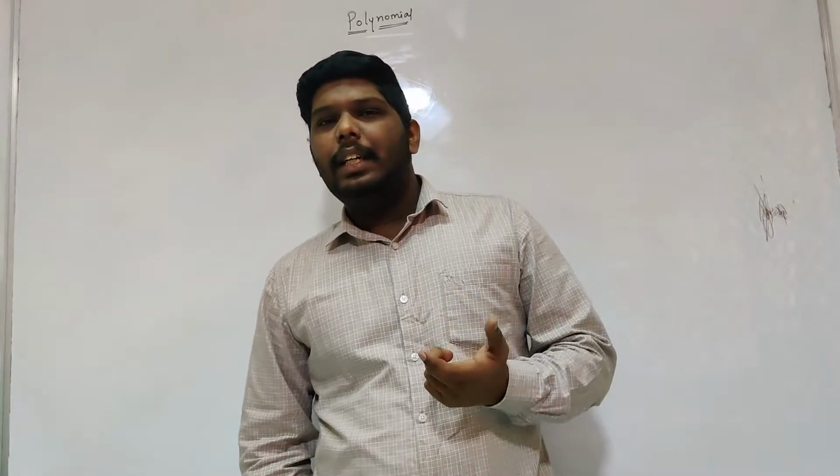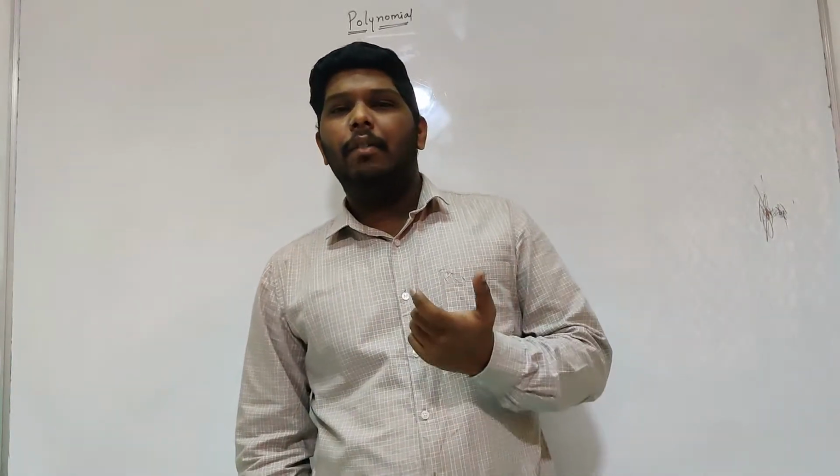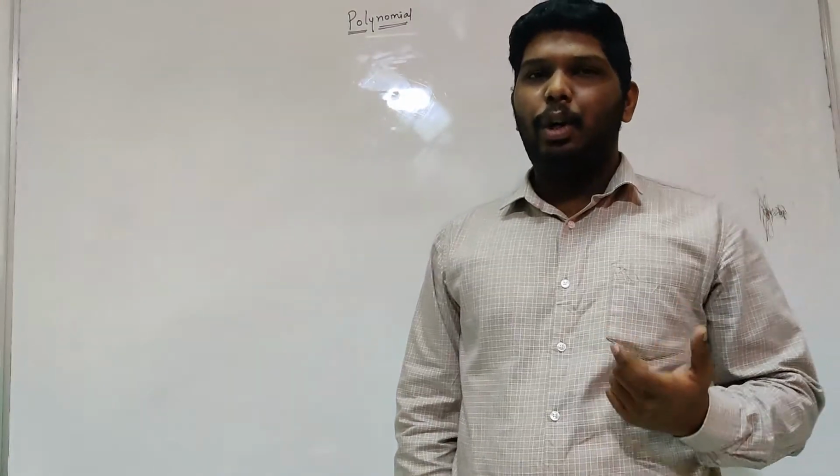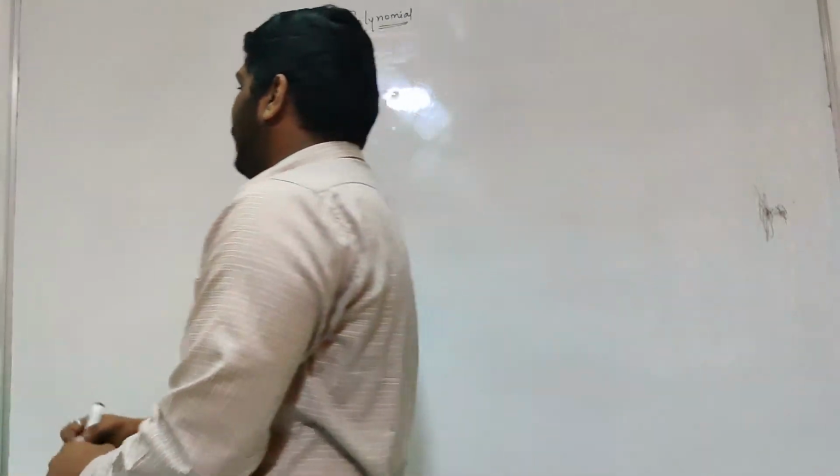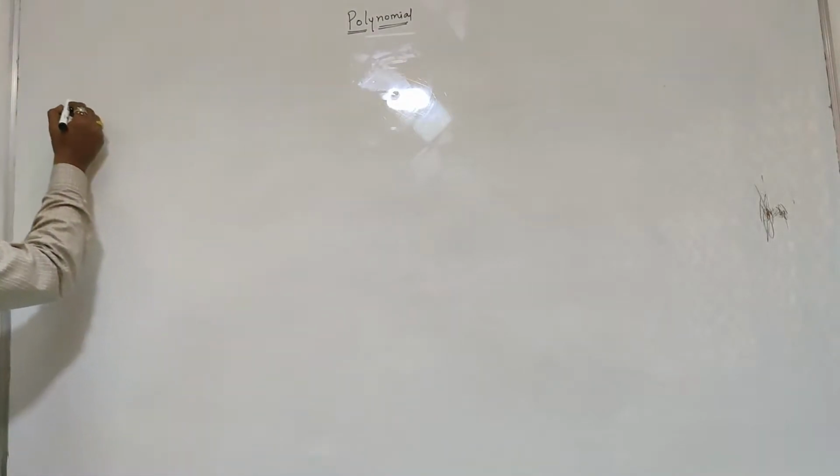But this doesn't give you the entire idea of what a polynomial is. So for that we are going to learn the standard form of polynomial. Okay, so you can give the heading standard form of polynomial.